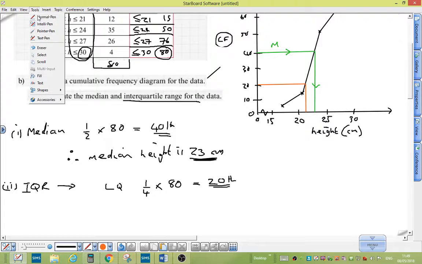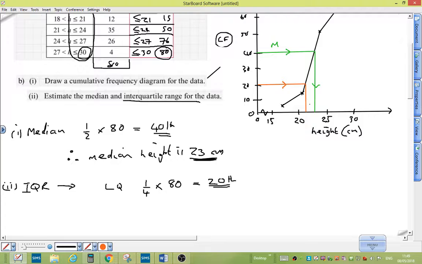Okay. Put your arrows on, show which direction you're reading, and that is your LQ, your lower quartile. It is located at a height of 21, wherever yours says. Okay, so I'm just going to put mine down. So therefore LQ is equal to 21 centimeters.